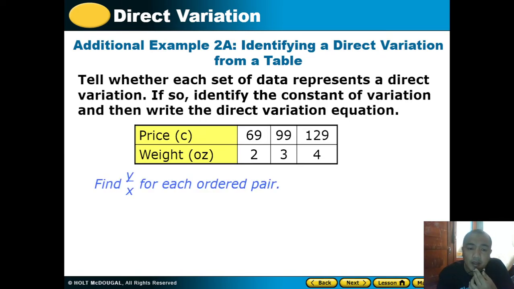First, let us find y over x for each ordered pair, and they should be equal. Y over x is actually the formula for k, the constant of variation. So if we divide y by x, and they are all equal for each given ordered pair here, then this is a direct variation.